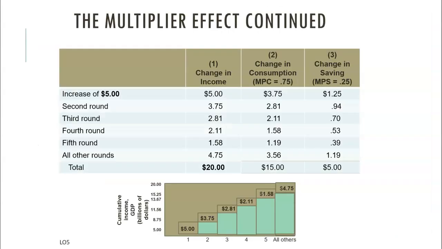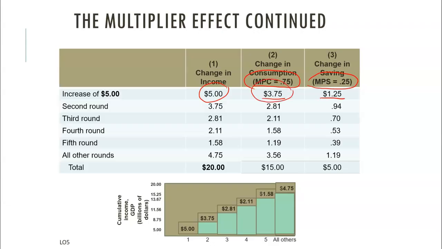Okay, so let's look at this example here. We have an increase of $5 in income. So some total change or initial change in income. And in this example, we have a marginal propensity to consume of 0.75, which means we have a marginal propensity to save of 0.25. So when my consumer earns this $5, they spend $3.75, and they save $1.25.